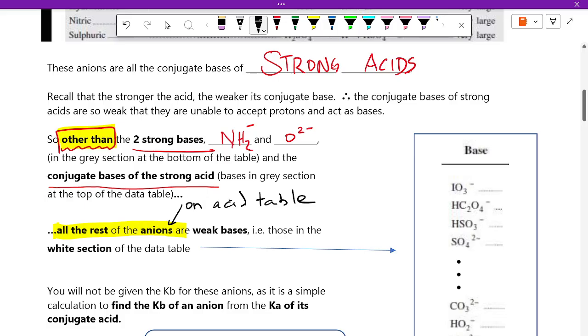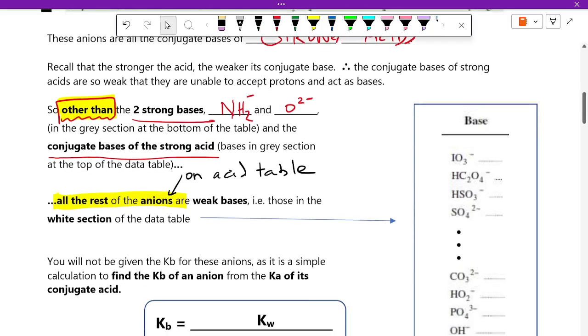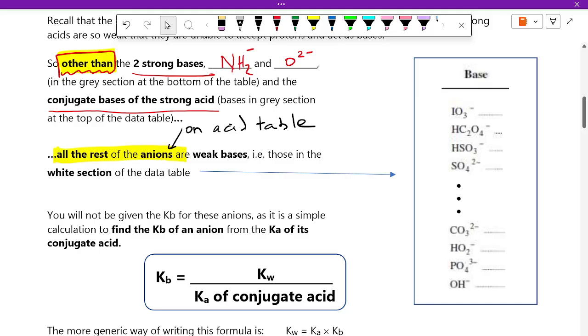You will not be given Kb for these anions unless it's on AP because you don't get the data table. You are expected to be able to find the Kb of the anion from its Ka, because Kb is equal to Kw over Ka of the conjugate acid.